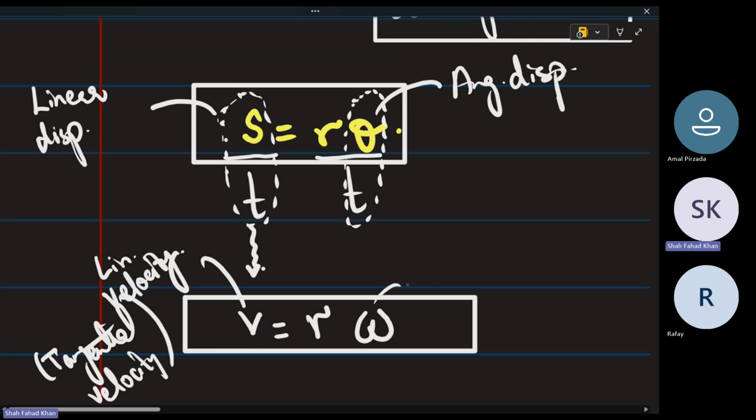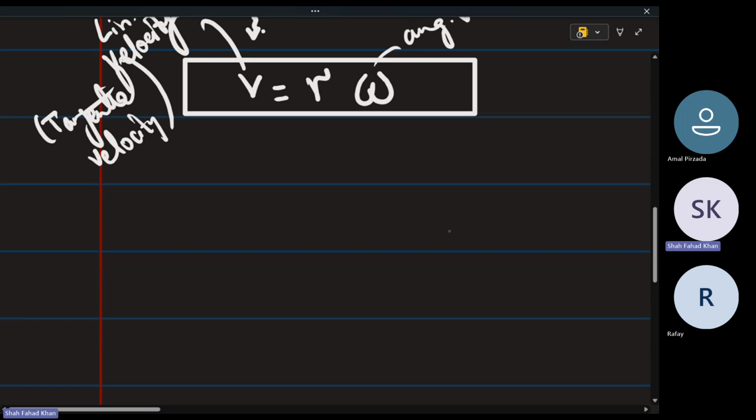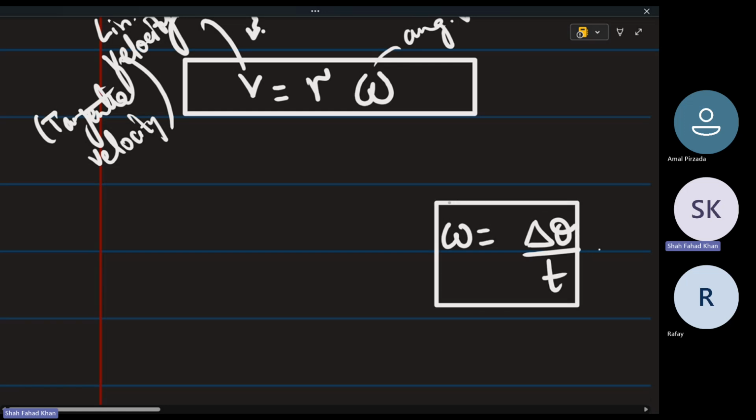And this is angular velocity. Angular velocity can also be calculated using another technique, because we know that angular velocity is the angular displacement divided by time, right?